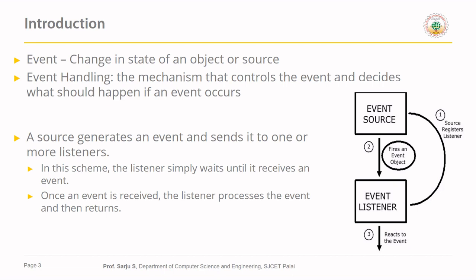That is done by the event listener. First the event listener registers with the event source and simply waits until it receives an event. If an event happens, it is captured by the event listener, which performs the corresponding operation.